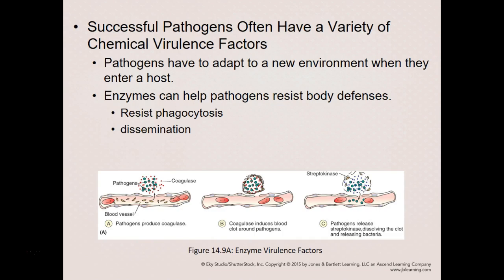But that doesn't mean they're going to stop replicating or producing waste products. And a lot of times pathogens release chemicals that cause disease, not because they want to cause disease, but because it's part of their metabolic breakdown.